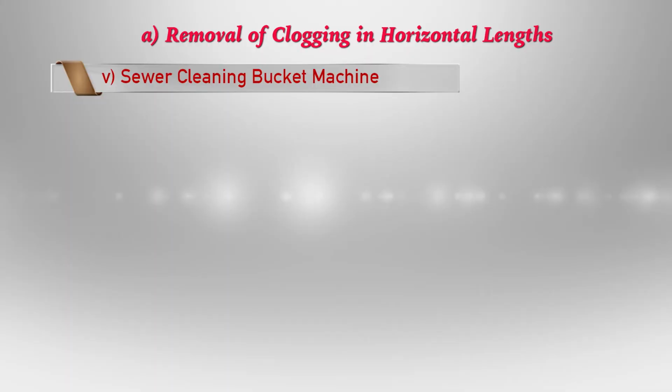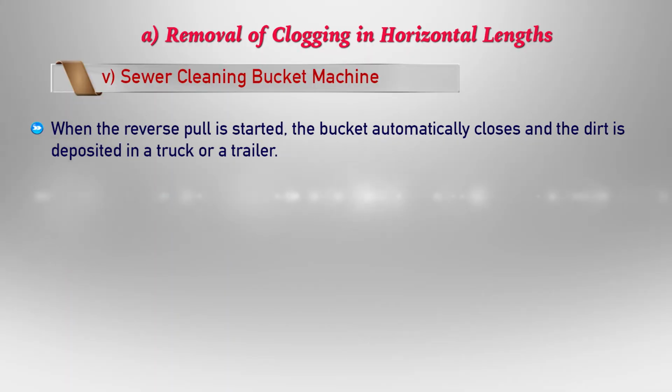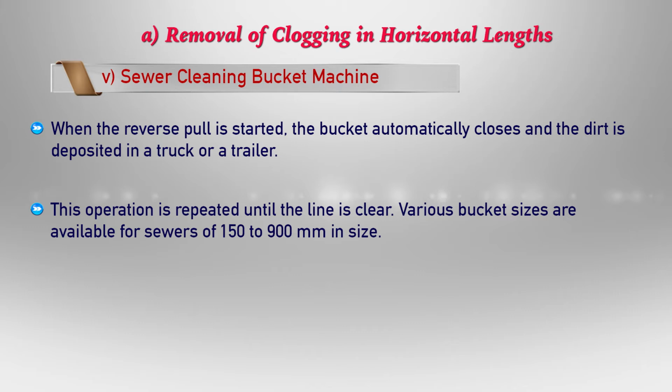The motor is then thrown out of gear and the opposing winch is put into action. When the reverse pull is started, the bucket automatically closes and the dirt is deposited in a truck or a trailer. This operation is repeated until the line is clear.